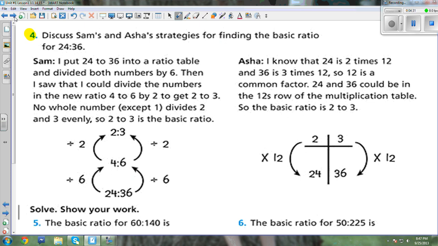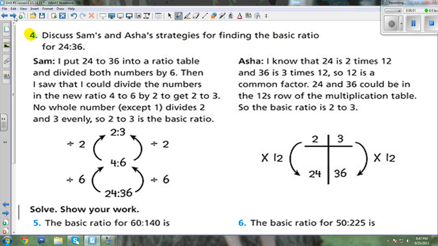On this page, it just gives you a couple different ways of finding the basic ratio. It says, discuss Sam's and A's strategy for finding the basic ratio for 24 to 36. Sam: I put 24 to 36 into a ratio table and divided both numbers by 6. 6 goes into 24, 6 goes into 36.